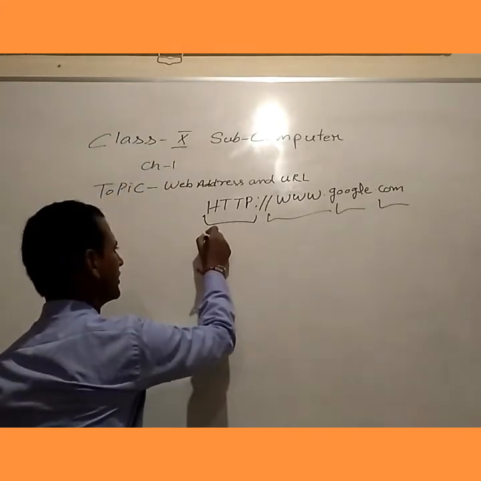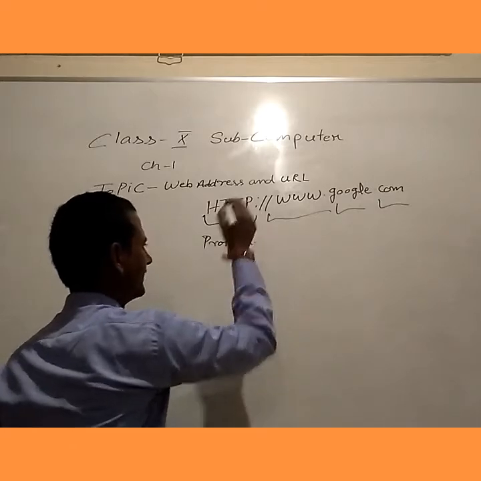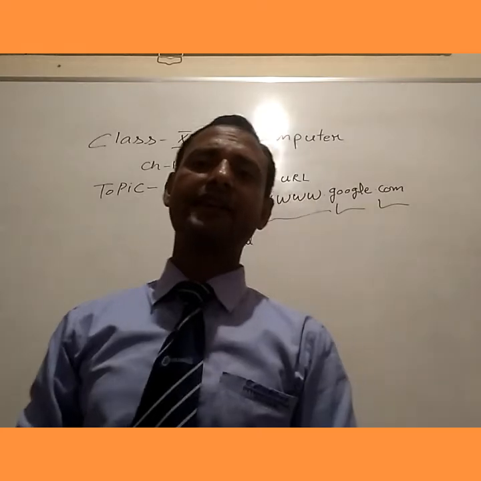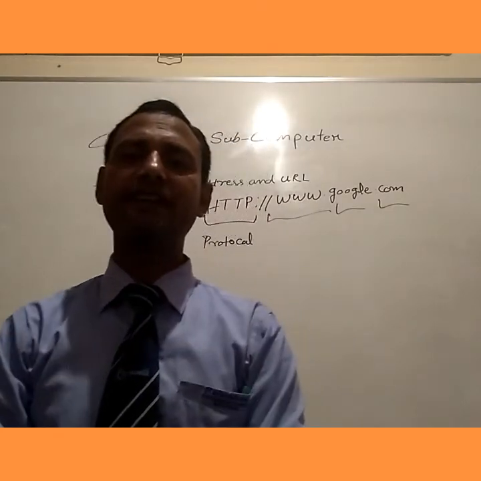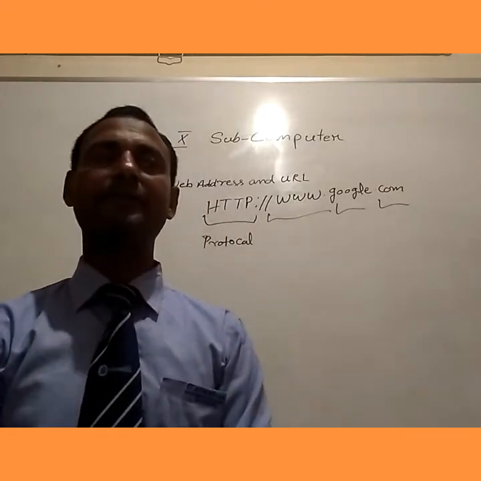HTTP is called a protocol. What is a protocol? Protocol is also called a set of rules. Protocol is a set of rules that are used to connect your computer with the server.